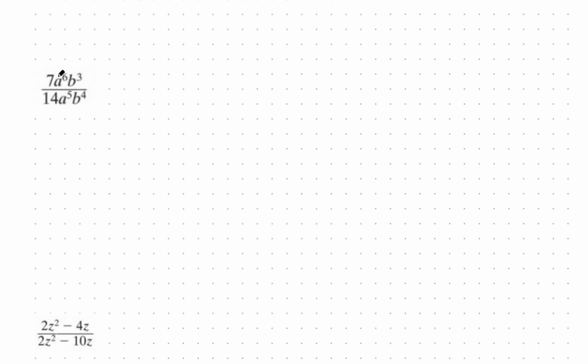If we take a look at the next question, 7a to the power of 6, b to the power of 3. There isn't a second term in the expression on the numerator to compare it to, but if we look on the bottom, there is something that we can start to compare it to. The highest common factor in terms of the number first would be 7, so I could take 7 out. They both have a in common, and remember we're looking for the highest common factor, so actually a to the 5 divides into both.